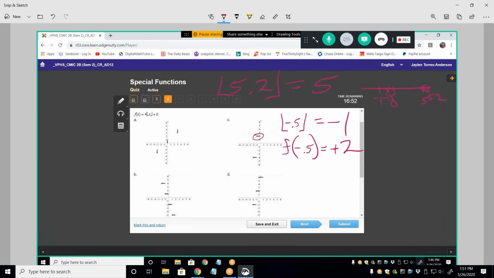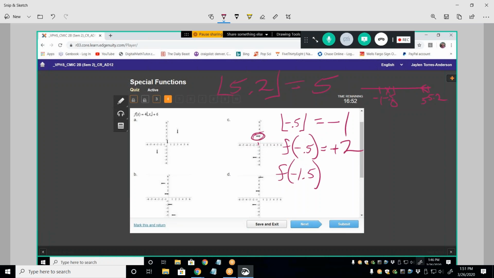In other words, there's my -1/2, and we are at +2, so it satisfies that. Let's try a different number. Let's try f of -1.5, because we do have a number that is -1.5 on this graph.